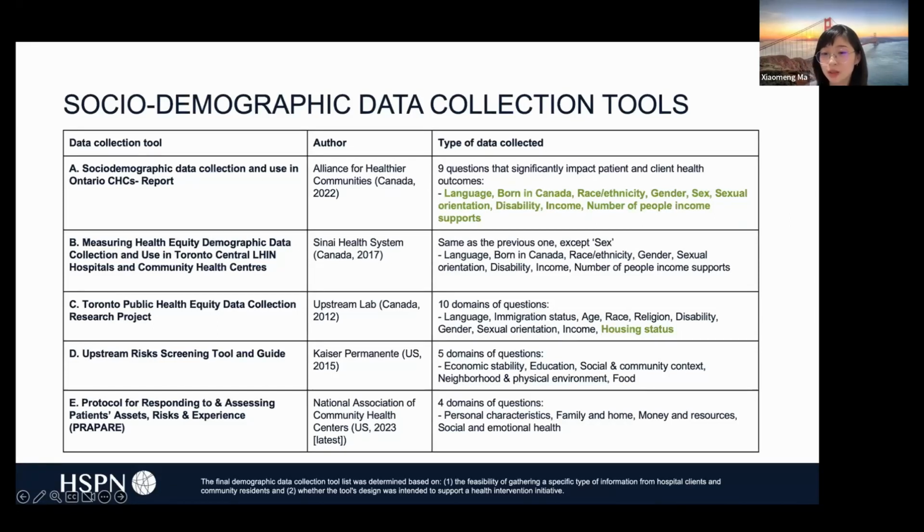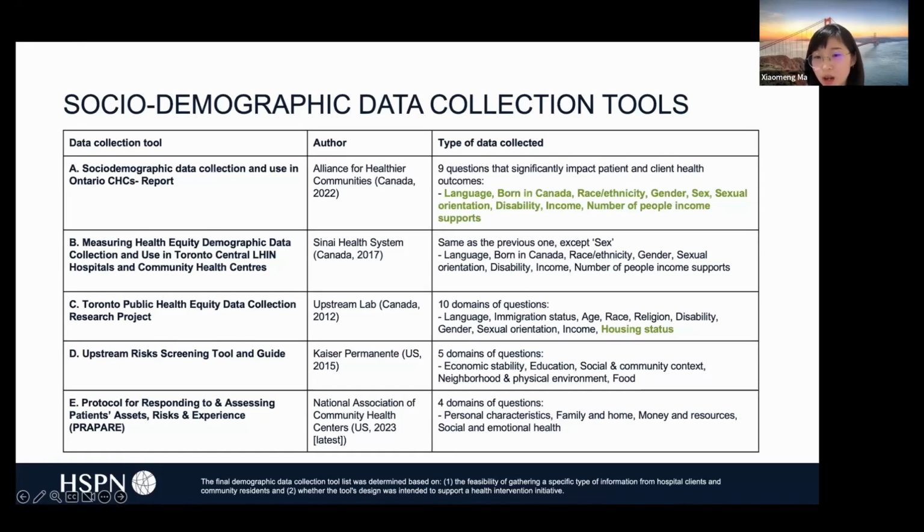For Canadian-based questionnaires, 3 Canadian-based questionnaires shared a similar design, which I'm referring to as the Social Demographic Data Collection Survey, the Measuring Health Equity Demographic Data Collection Survey, and the Toronto Public Health Equity Data Collection Survey. They include questions that link to issues significantly impacting patient and client health outcomes.